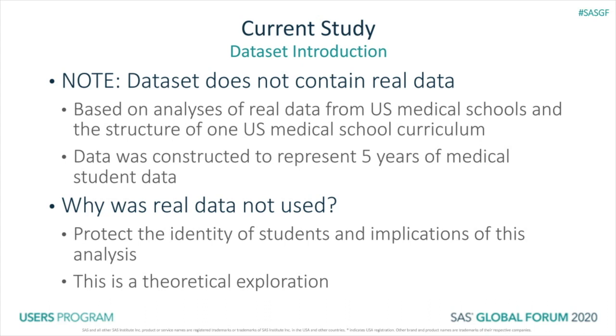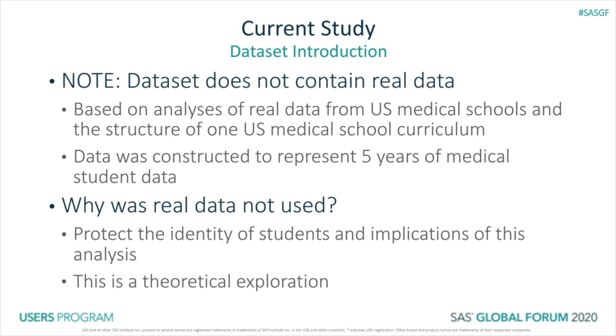The reason I didn't use real data, and I have a lot of reasons for it, but the main one is that I wanted to protect the identity of the students and the implications of this particular analysis. Since this is a theoretical exploration that was going to be put online and presented at a conference, I wanted to make sure that it was strictly theoretical. I didn't want anyone pulling any actual meaning from it.